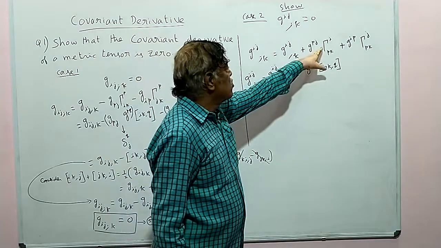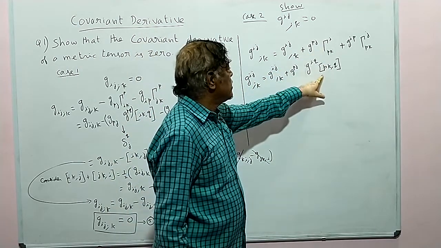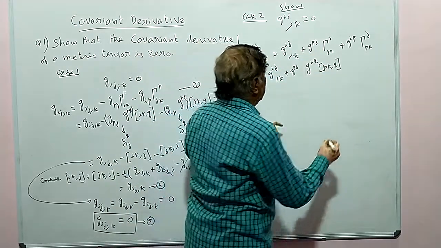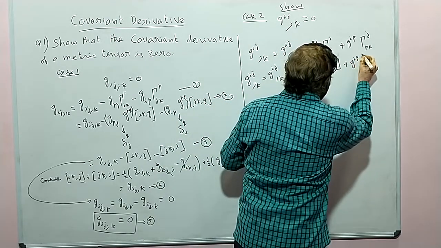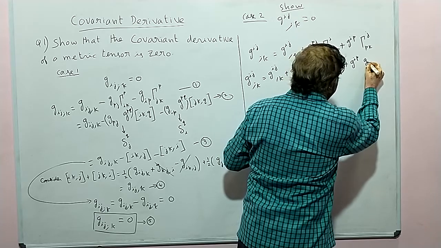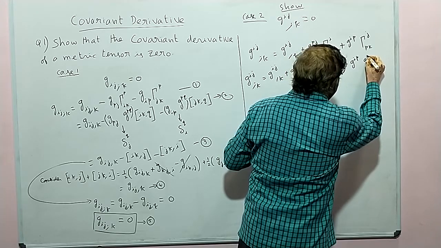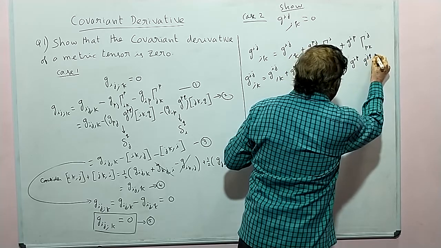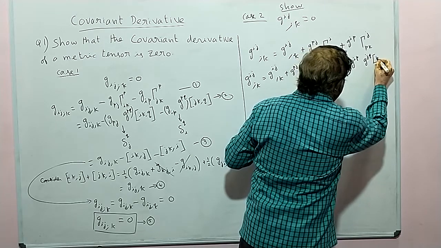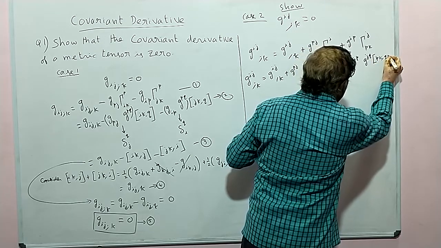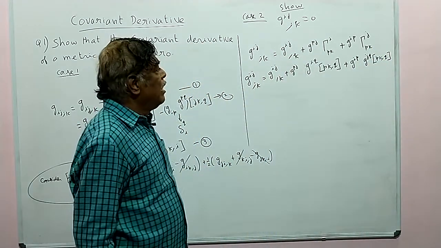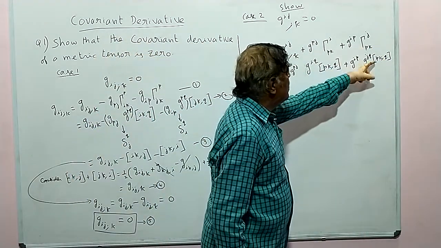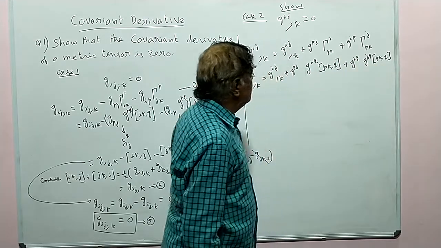So the Christoffel symbols of the second kind are expressed in terms of the first kind. Here this is g^{ip}, and again g^{jq}[pk,q]. So the Christoffel symbols of the second kind can be expressed in terms of the first kind.